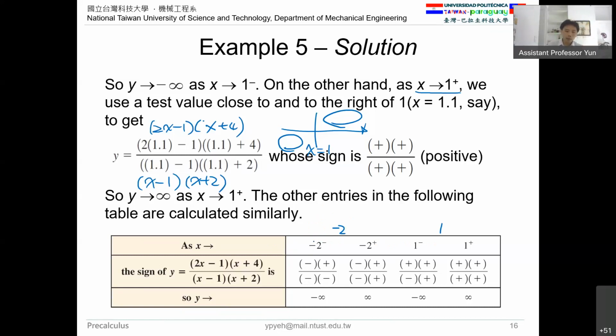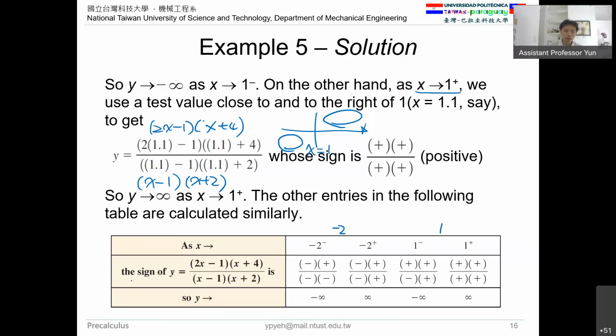Okay, so you can see when x approaches the left-hand side of -2, and also the right-hand side of -2, and also when x approaches the left-hand side of 1 and the right-hand side of 1.